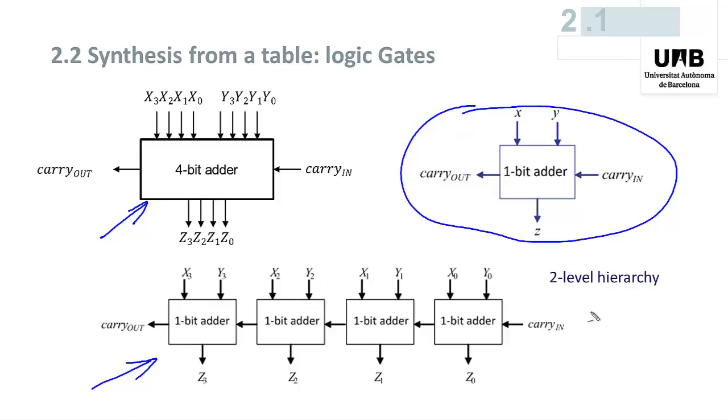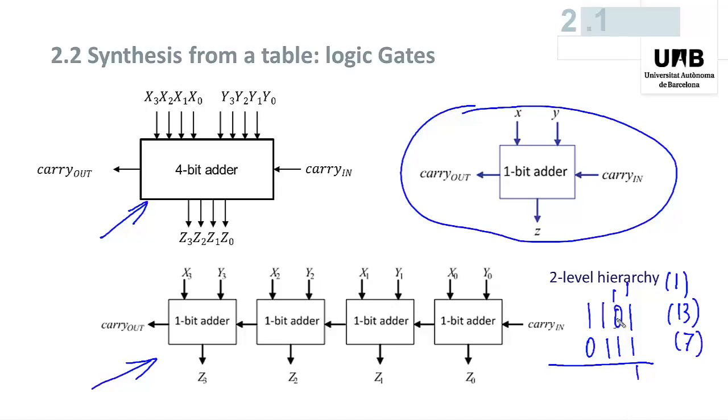Assume that we compute 1101, in decimal 13, plus 0111, in decimal 7, and perhaps with an input carry, an incoming carry equal to 1. Then we compute 1 plus 1 plus 1 equals 3. 3 in binary is 1, 1.